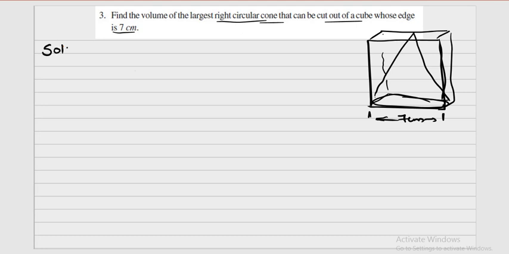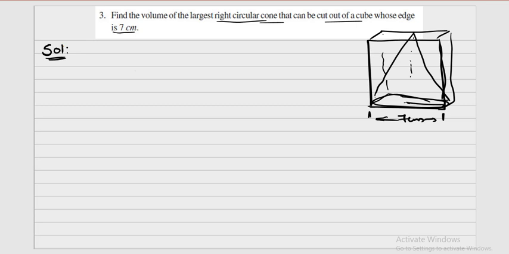Understood? This circular base lies on one of the faces of the cube, and the height of the cone will be parallel to the edge of the cube. If I want the maximum volume, the diameter should be equal to the edge length of the cube, and the height of the cone should be equal to the edge length of the cube.